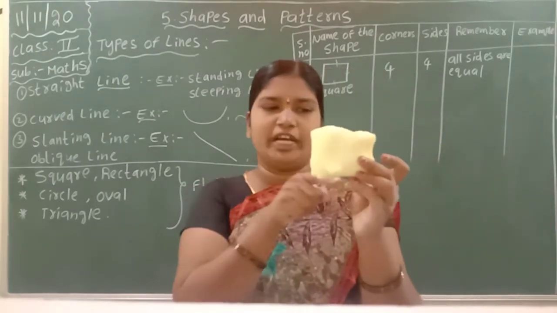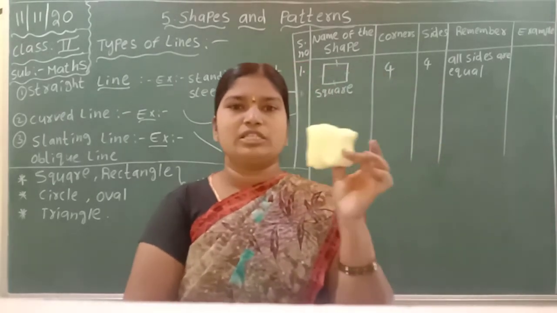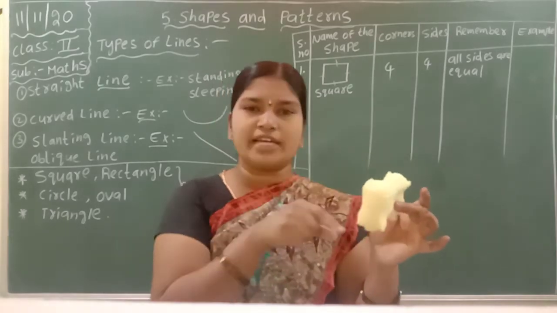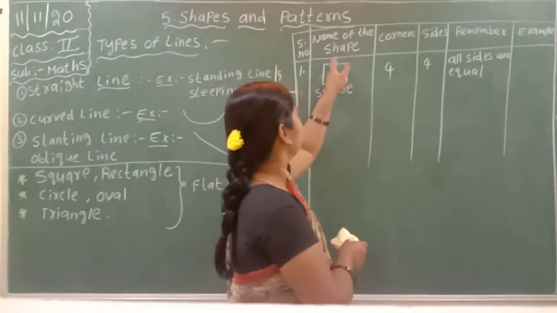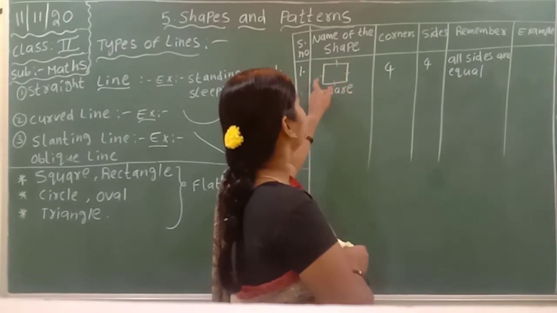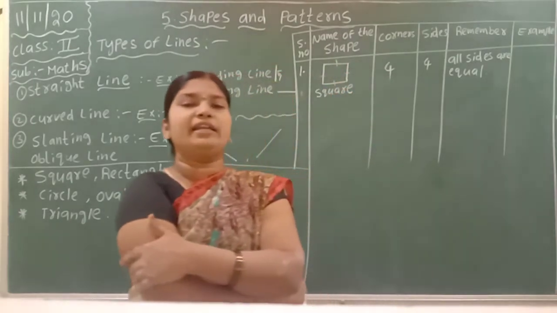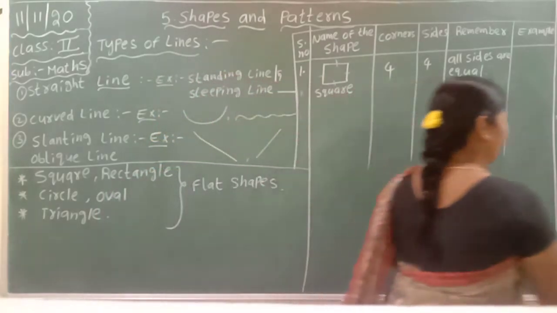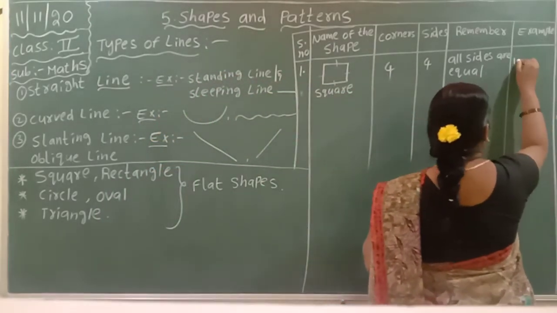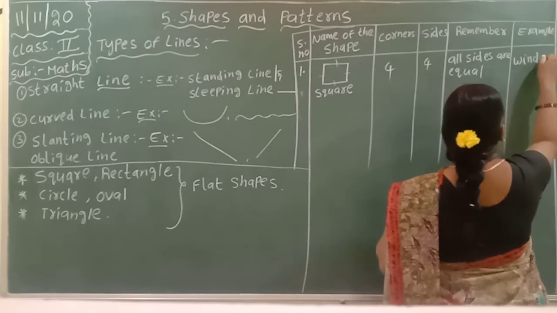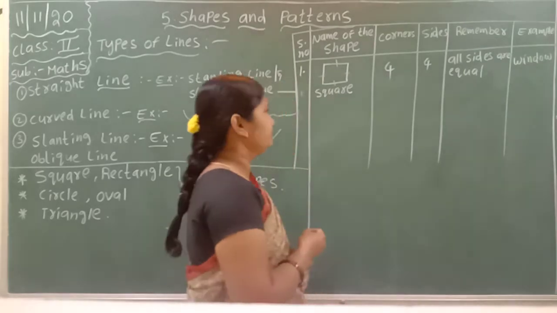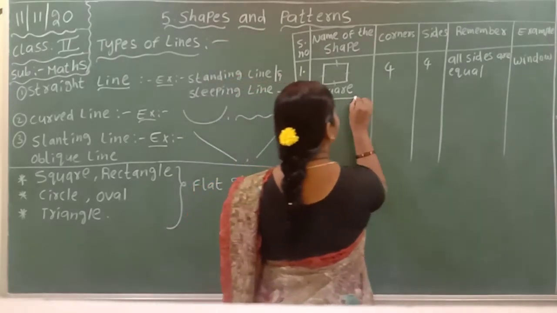It is in which shape? Square. When we observe the figure, all sides are equal. This side, this side, this side, this side. All sides are equal. It is known as a square. So write any one example, like window or top of the table. Up to here, one is completed.